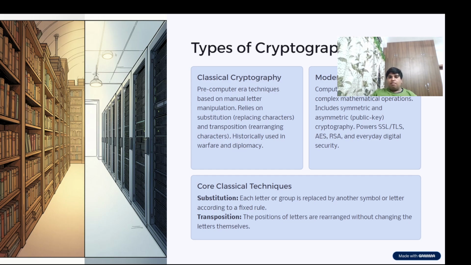As I told you, cryptography is mainly of two types: the pre-computer era and the post-computer era, that is, pre-computer techniques and computer-driven algorithms. Classical cryptographic techniques usually rely on manual letter manipulation, which are substitution and transposition.